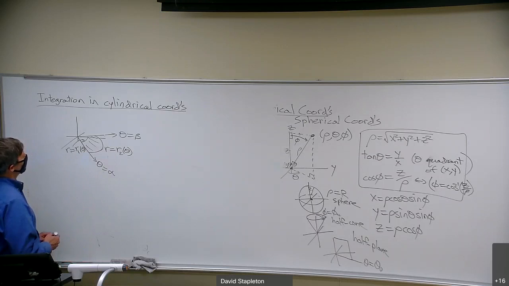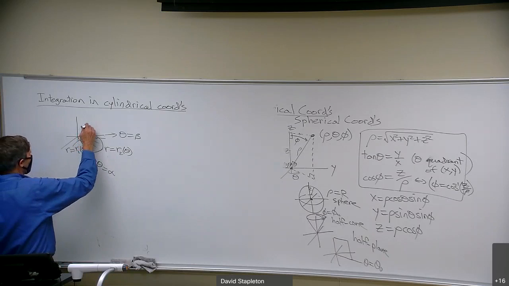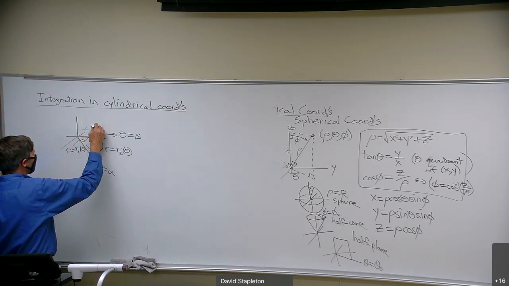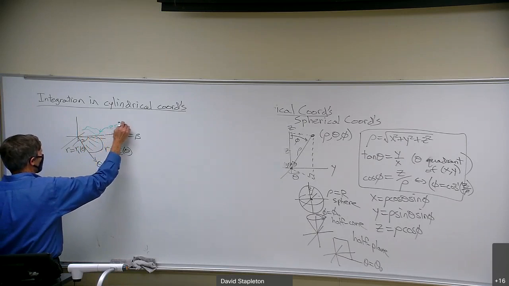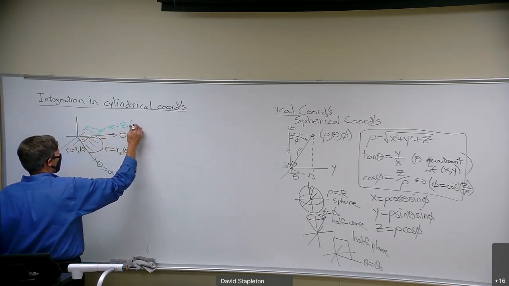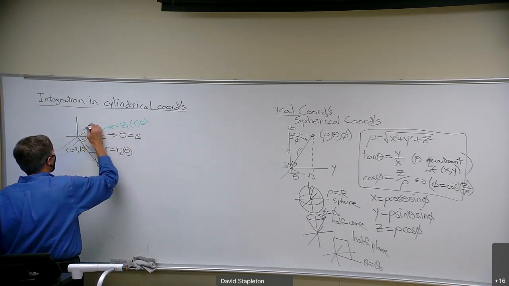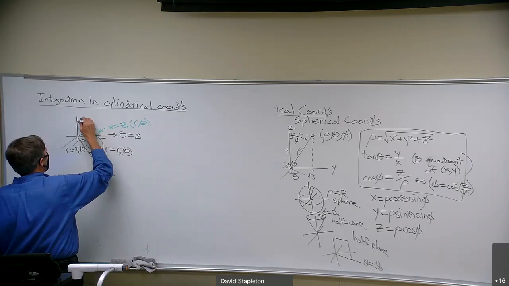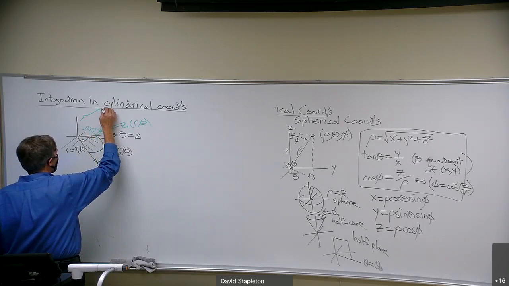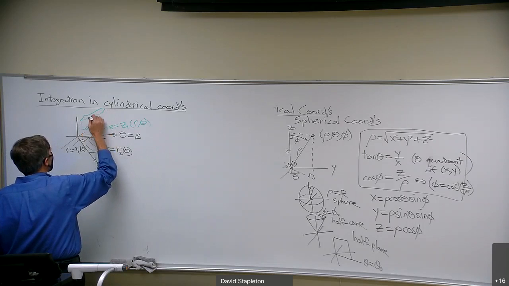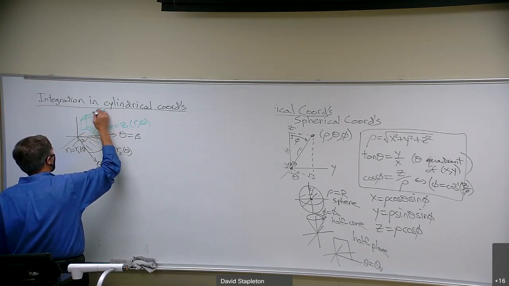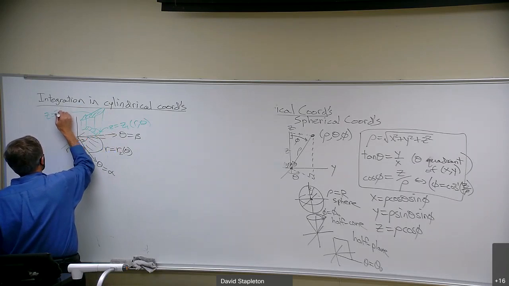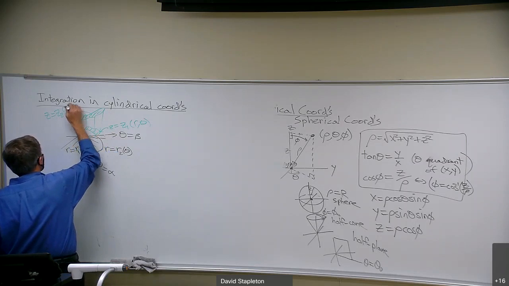Suppose this is the region of projection, and we have a solid over that that's bounded on the bottom by some surface, z equals z1 of r and theta. There's your bottom surface. And it's bounded on top by some top surface over that, z equals z2 of r and theta.